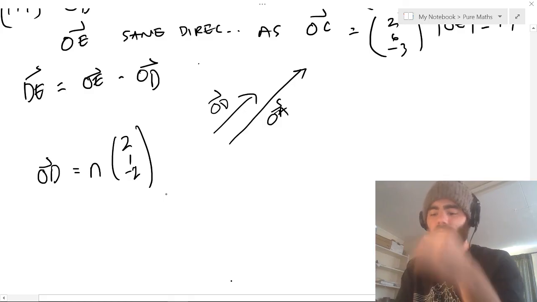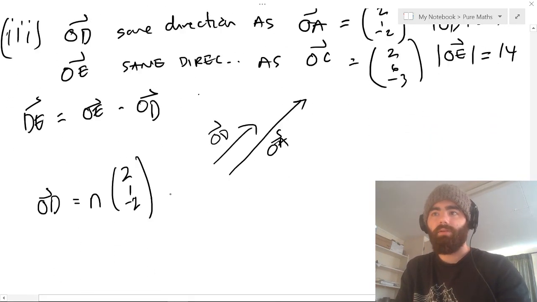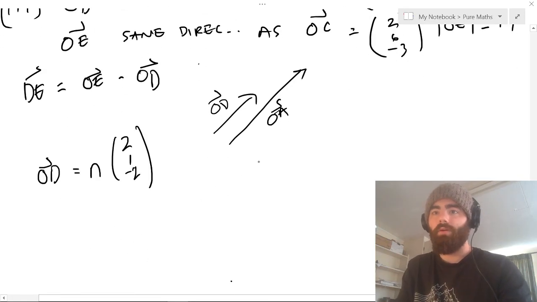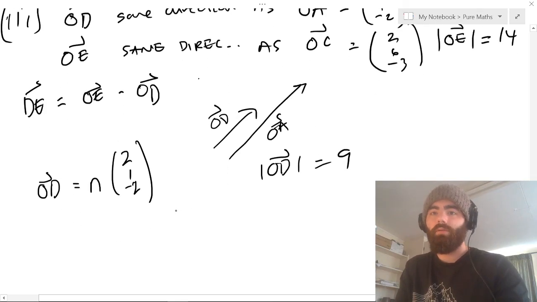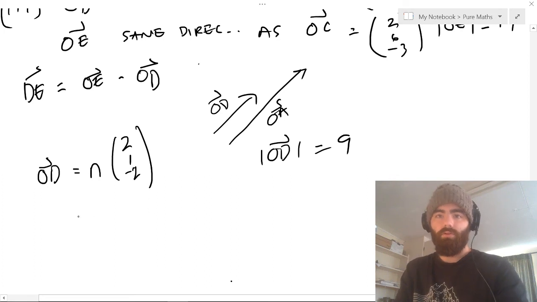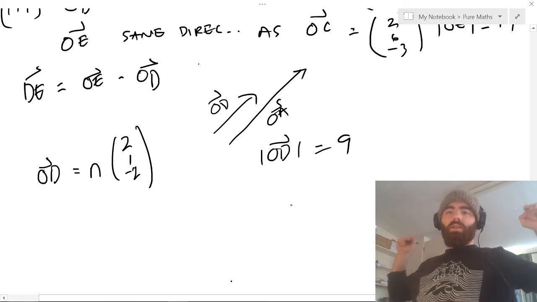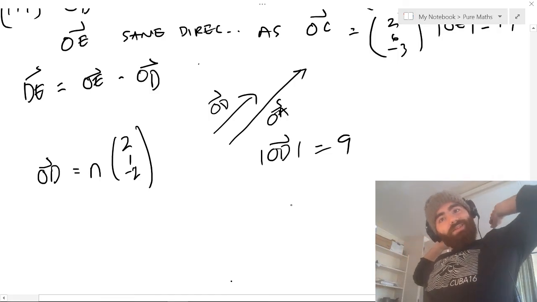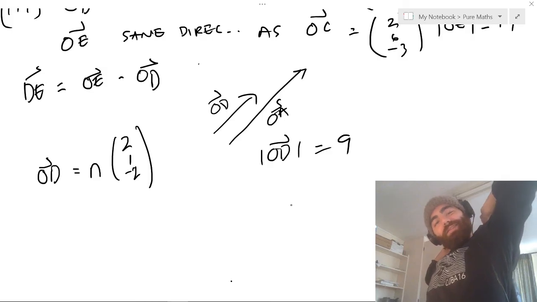I guess we could then find, if our magnitude of OD equals 9, well then we can just say that 9 equals that, and then work out n. Is there a quicker way of doing it?